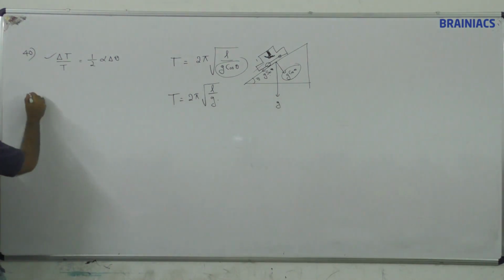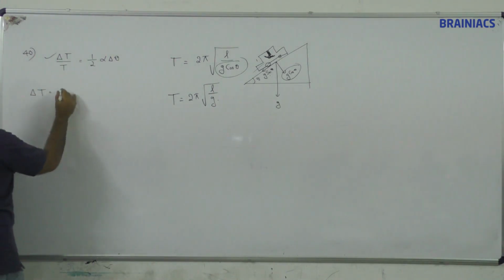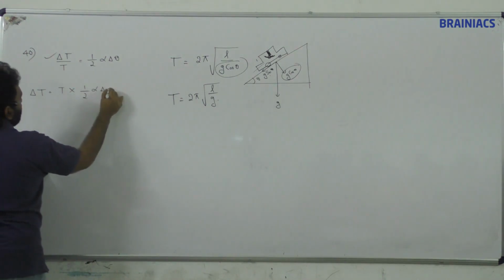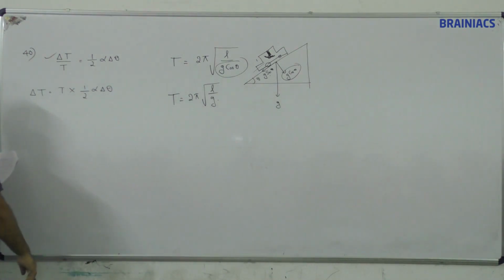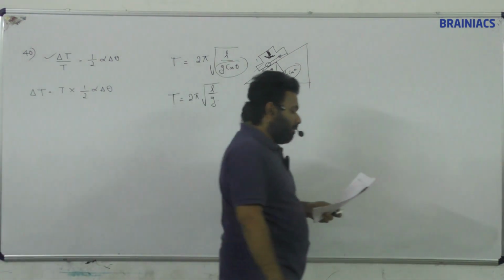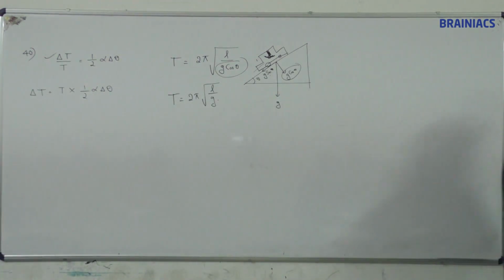So delta T, the loss or gain in time, is equal to T into 1 by 2 alpha delta theta. What is the regular time period?